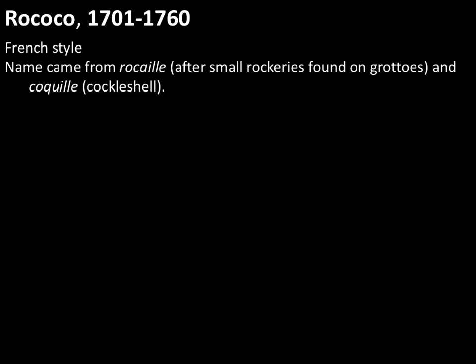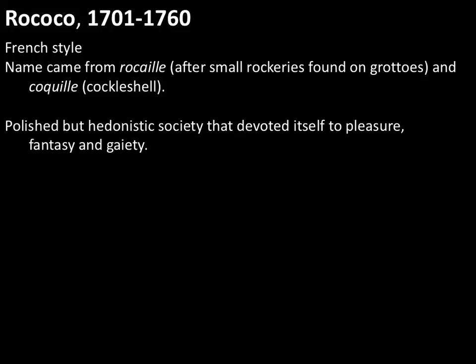The Rococo came after the French Baroque, and this is a uniquely French style. The name itself comes from the word rocaille and the word coquille combined together. We are still before the French Revolution, so this was a time when the royalty and the nobles got pretty hedonistic, got very much into enjoying pleasure and fantasy and being marvelous and throwing more and more fantastical parties.